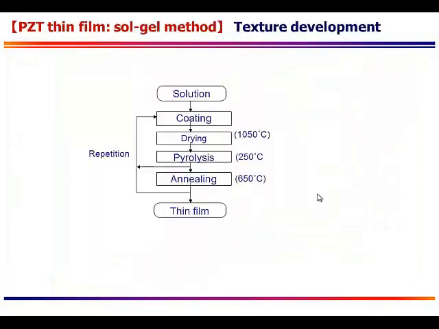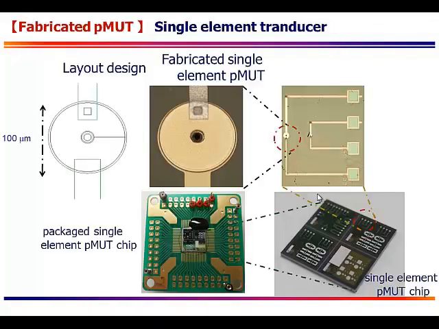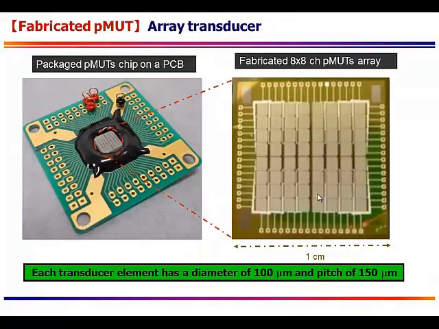This is the detail about the piezoelectric thin film that we deposited. We don't need to go through this one. The single element transducer we first designed and fabricated, but I will not go through that one. And the array transducer is what we did here for our particular application.